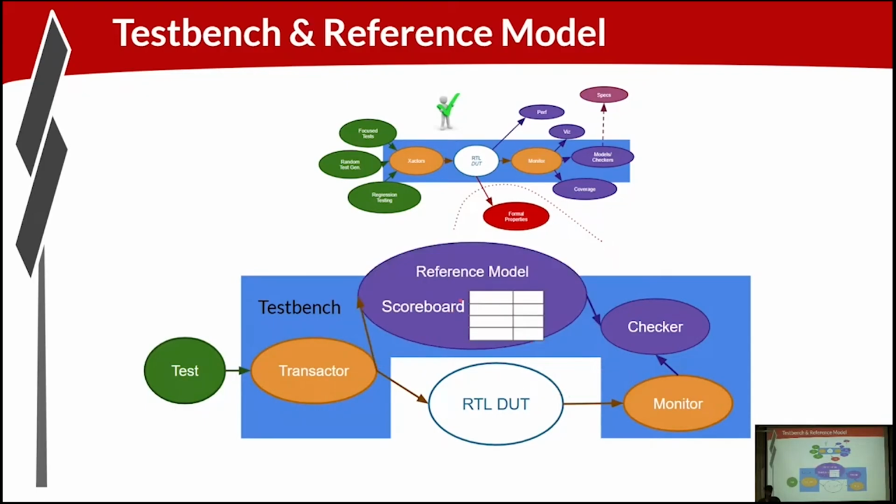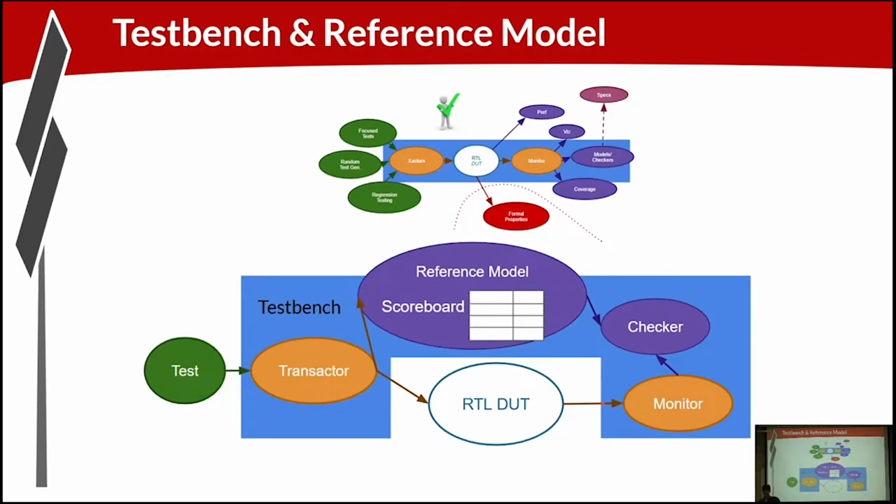Just to show a common technique with these reference models, we'll stay in the context of a CPU, right? This RTL DUT might be the guts of the CPU core, not including the instruction memory, so it's seeing instructions coming from the instruction memory. The reference model would look over those instructions and say, okay, I got this instruction, let's remember it.